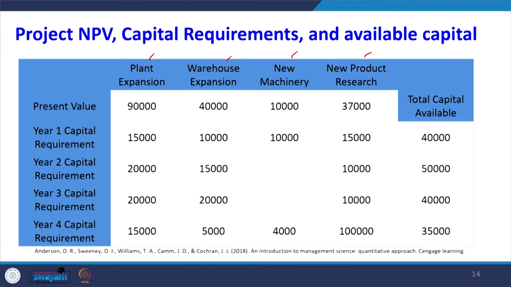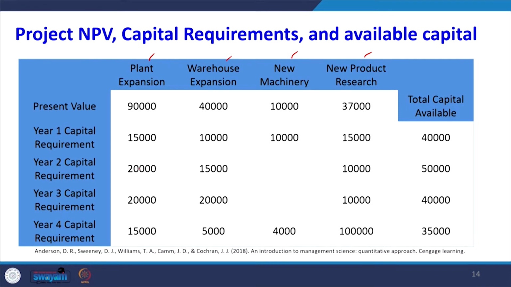Obviously, it is net present value. So, out of these 4 we have to suggest to the company what projects have to be chosen so that our net present value is maximized.